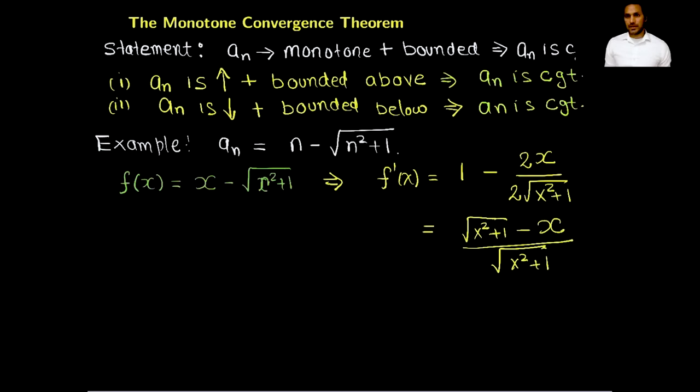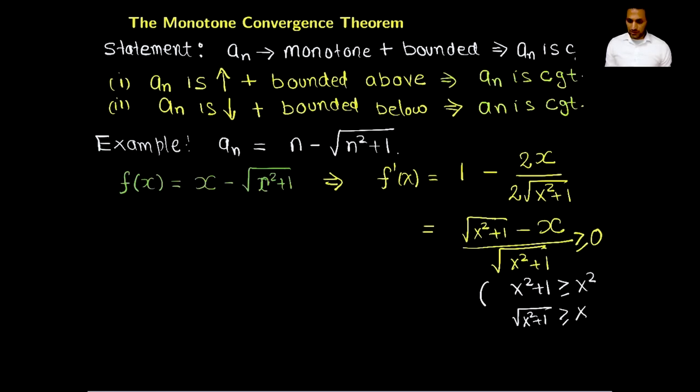So here is the derivative of this function, and clearly this term is greater than or equal to 0. Because x square plus 1 is always greater than or equal to x square, since if you add 1 to a positive number, it will be greater. If I take the square root, then the square root of x square plus 1 will be greater than or equal to x, and x is always positive. Therefore, this term is always greater than or equal to this term.